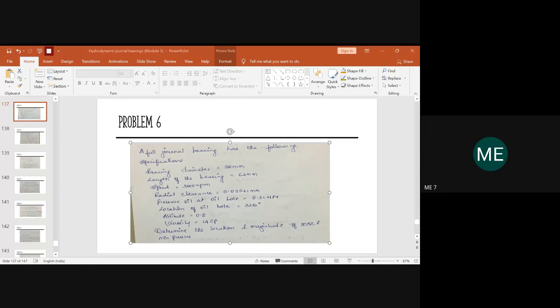What we were dealing with in last class, can anyone let me know which type of problems we were solving in the last class? Gautam Krishna?